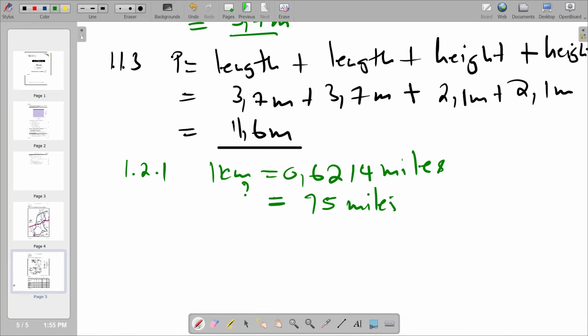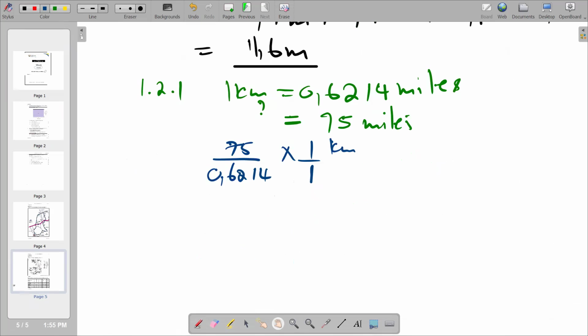So we are saying 75 over 0.6214, and then multiply by 1 kilometer. And then we check what we get. We are going to get 120.69.